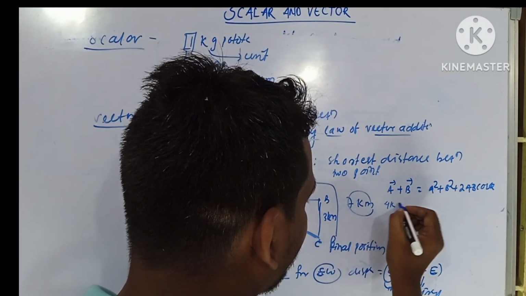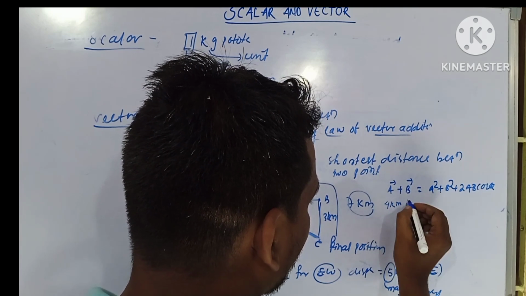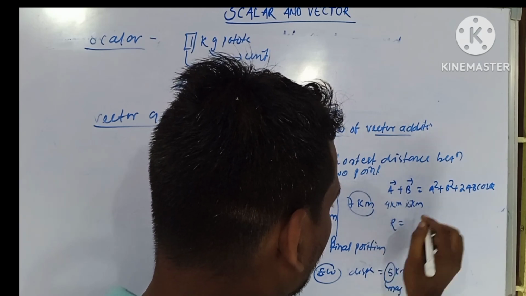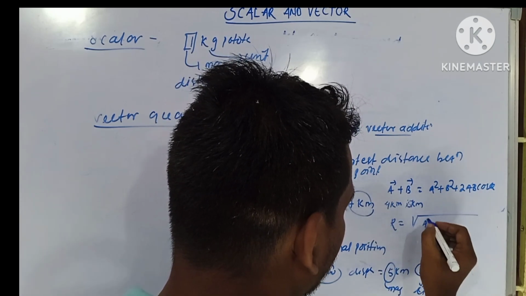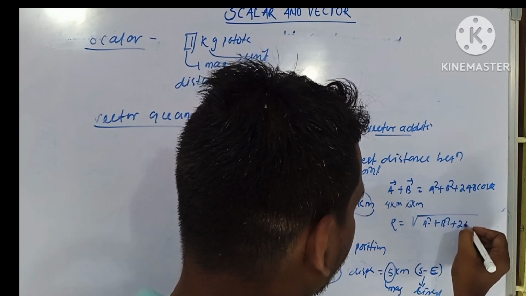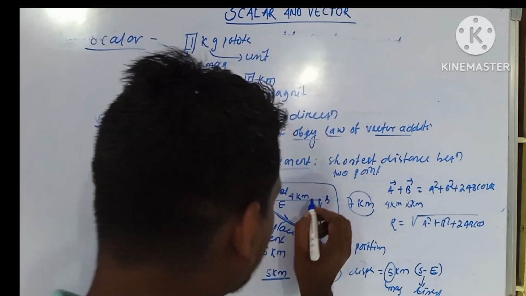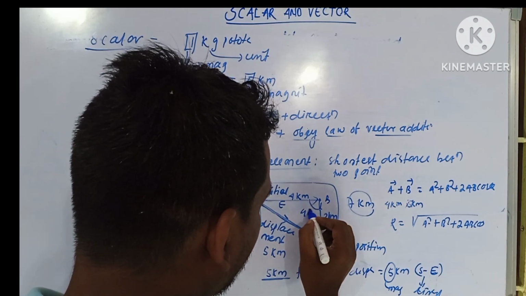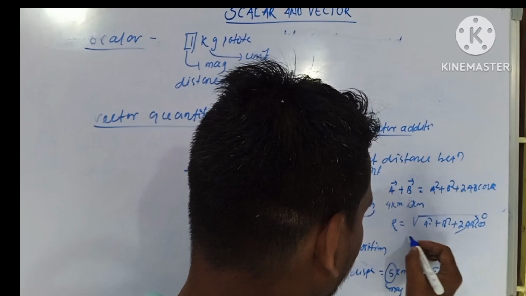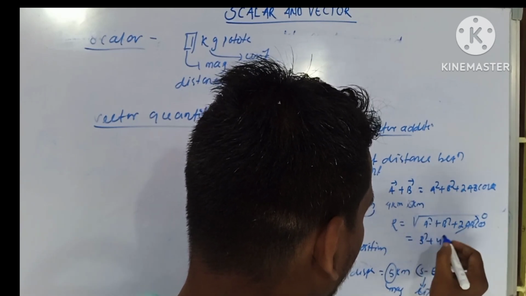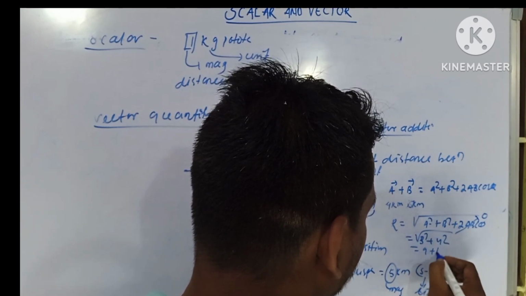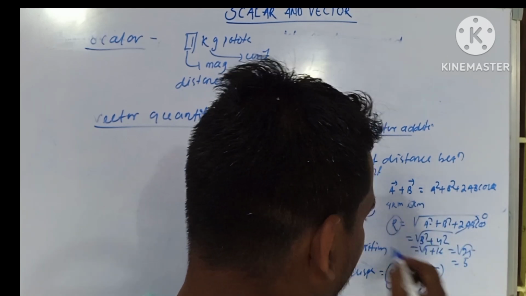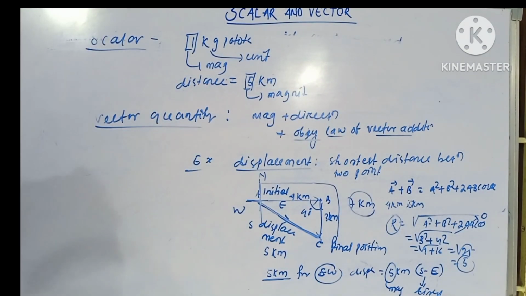Suppose A equal to 3 kilometer and B equal to 4 kilometer. The angle between the two vectors is 90 degrees, so cos theta is 0. That is 3 square plus 4 square, 9 plus 16, the square root of 25, which gives 5. The resultant is 5.